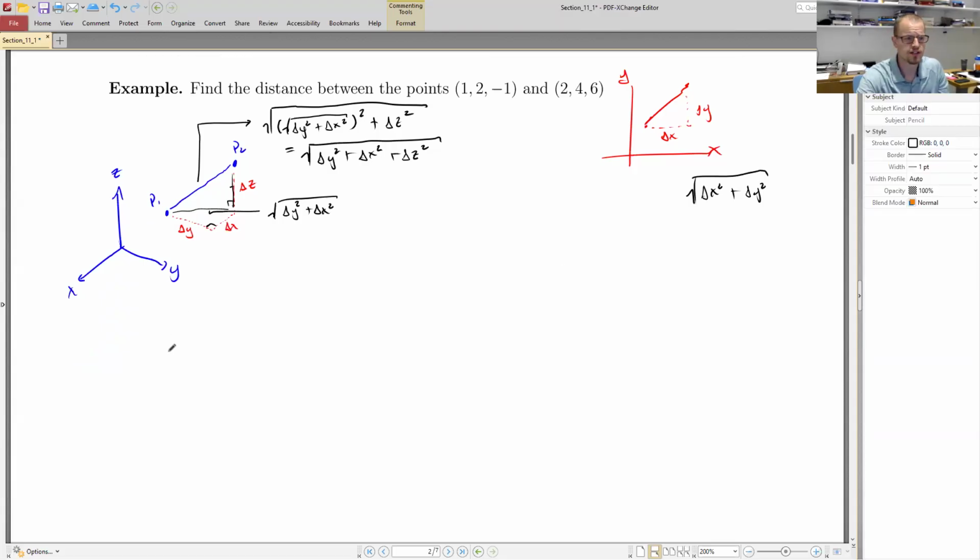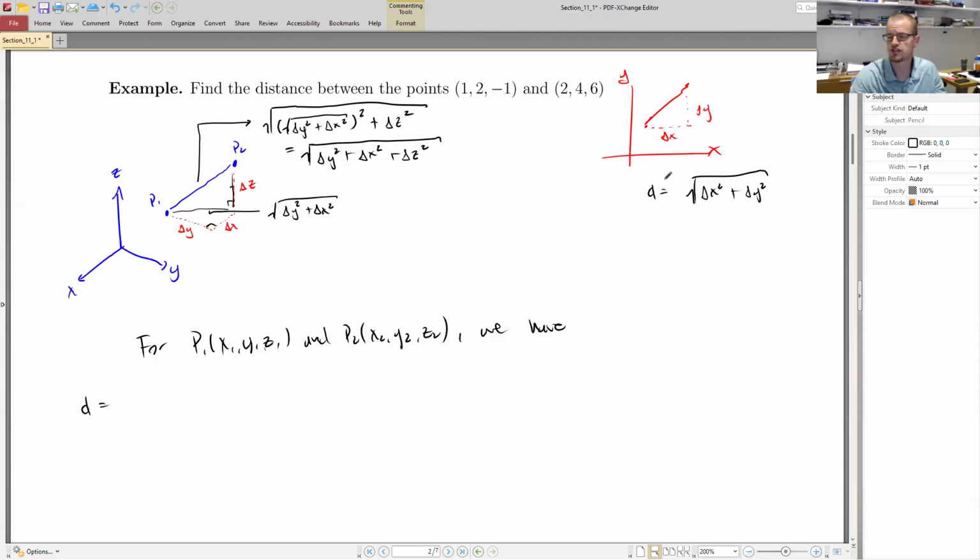So what we get for a distance formula, just to formalize it a little bit: for P1 being x1, y1, z1, and P2 being x2, y2, z2, we have the distance between those two. Oftentimes distance is just given by the letter D. We can also write distance between P1 and P2.